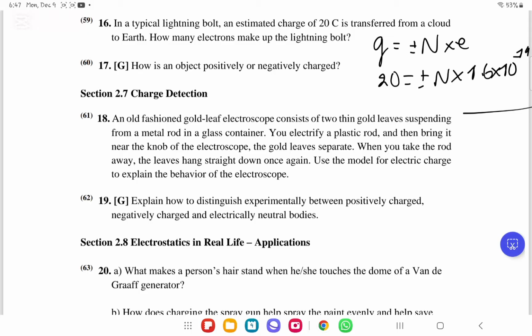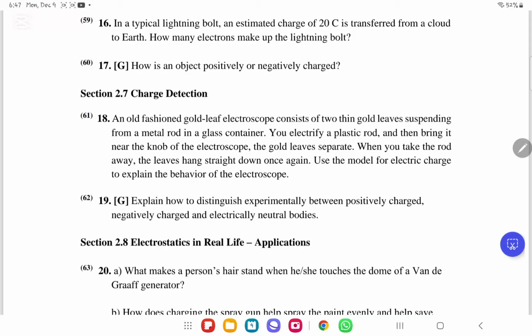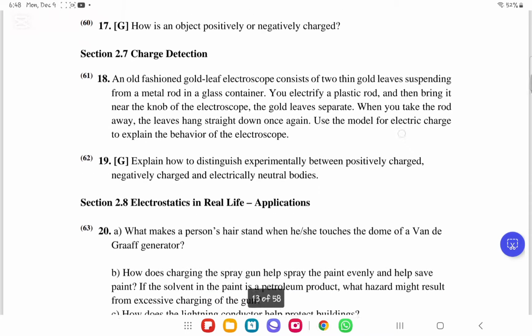And we are going to get 1.25 times 10 to the power of 20 electrons. Now, how is an object positively or negatively charged? It is based on electrons, so if it gains electrons, it's negatively charged. If it loses electrons, it's positively charged.